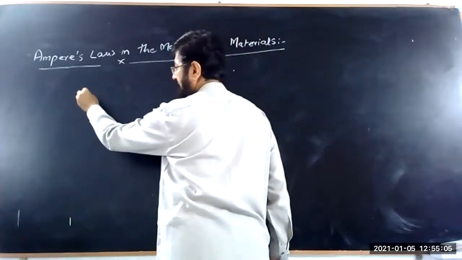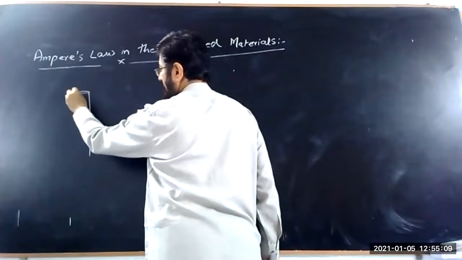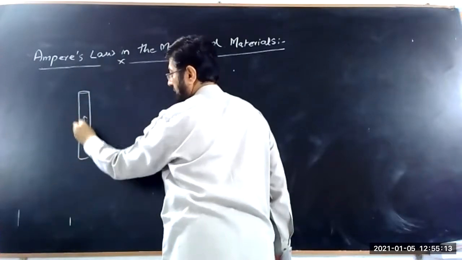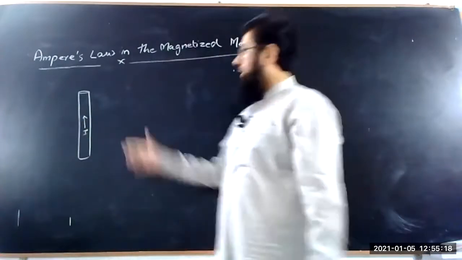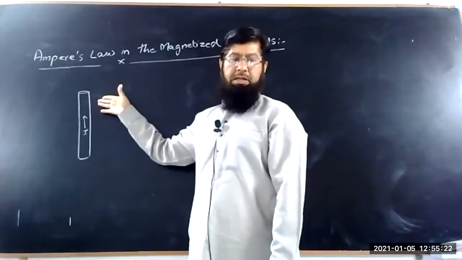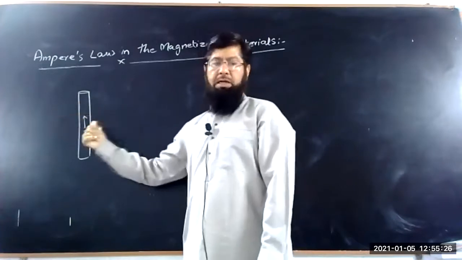If this is the wire, the current I is flowing in the wire. Ampere's law states that if we consider a wire in which the current I is flowing, it will generate a magnetic field around the current carrying wire.